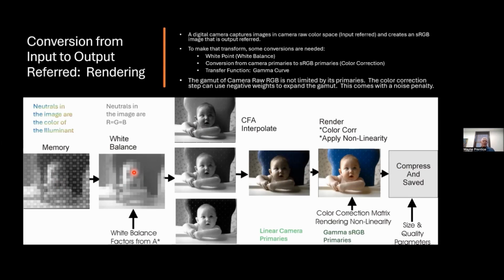And if you remember, the white point for an output display is the white point of R equals G equals B. After CFA interpolation, when we create our full color image, the next step is a color correction. The color correction is a transform from the camera primaries to your output space primaries. So that's when you would convert from camera RGB to sRGB, for example. Also in that step is where we apply a rendering curve and the gamma correction. So that gets applied in this step, and we compress it and we save it. So that's the conversion from a camera raw RGB to an sRGB.